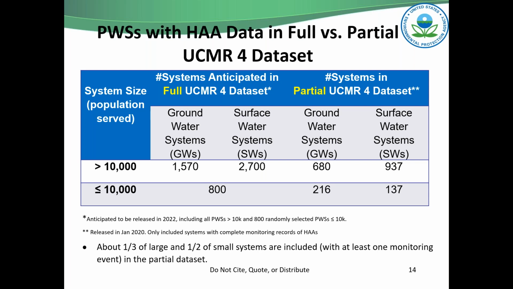All the systems that are required to comply with the DBP regulation are included if their system size is over 10,000 people. So we have roughly a third of the large system and roughly half of the small system data that we anticipate ultimately being available for analysis. So the results are preliminary.